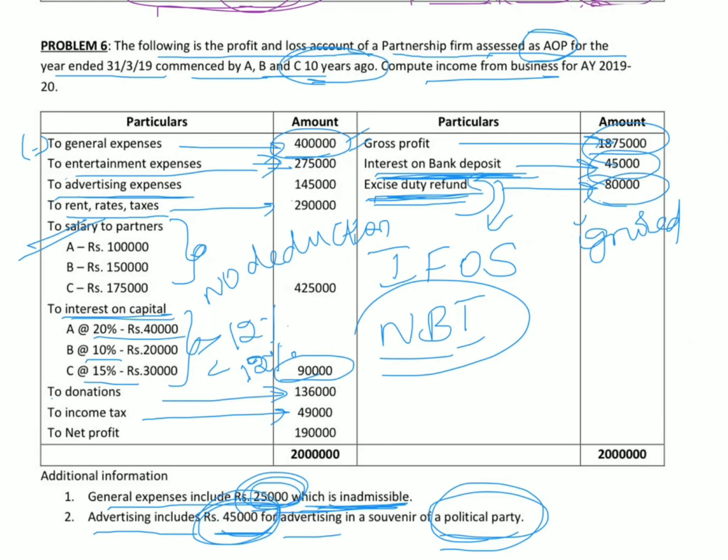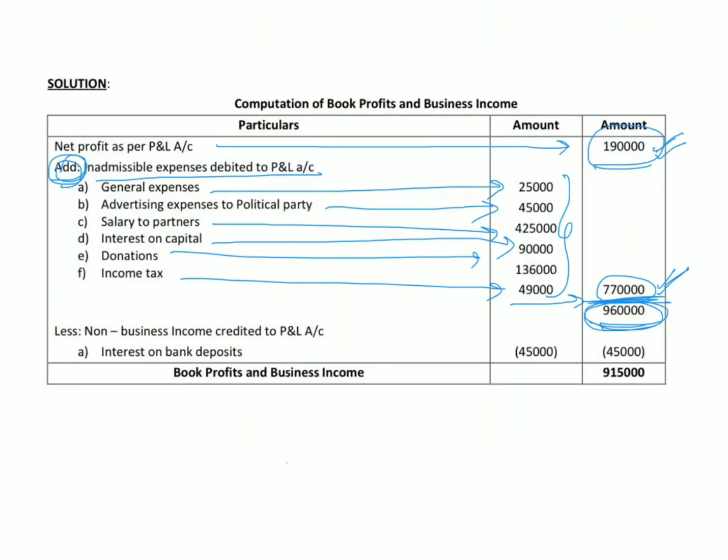On the credit side of the profit and loss account, we have interest on bank deposit. Now this value is non-business income. Since it was added while being on the credit side of the profit and loss account, we have to deduct the value, stating it as non-business income credited to profit and loss account. So bank deposit 45,000 we have deducted here.